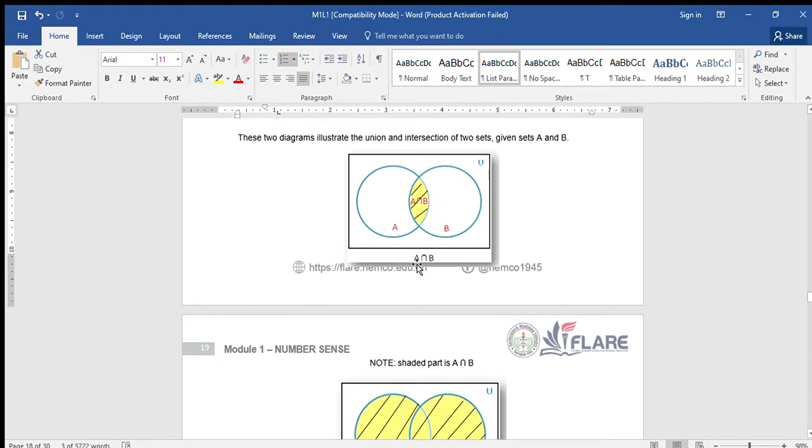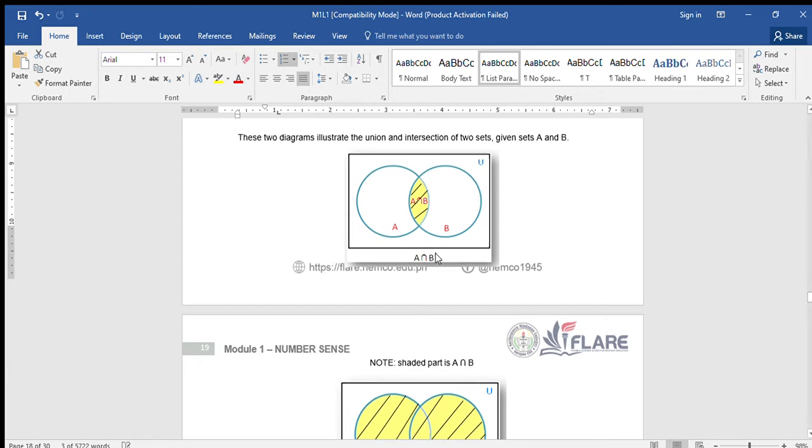So pag may A intersection of B, kanang mga elements nga naa sa A nga naapod sa B. So mao nang naa diri. Kini siya na part here is what we call the A intersection of B.